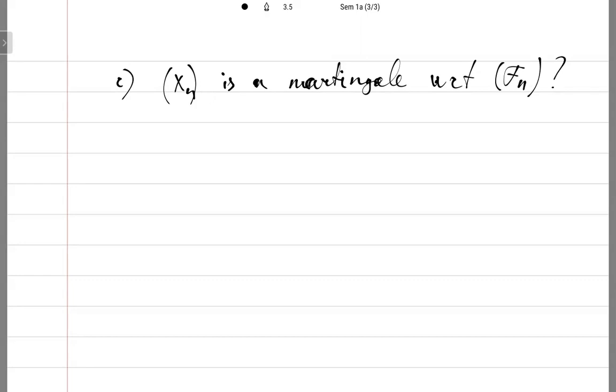Excuse me, and before it was that Sn is adapted to Fn, right? Yeah, all sequences are adapted. So Fn contains enough information to calculate Xn and Sn. So what does adapted mean? For every n, we have enough information to calculate Xn and Sn.